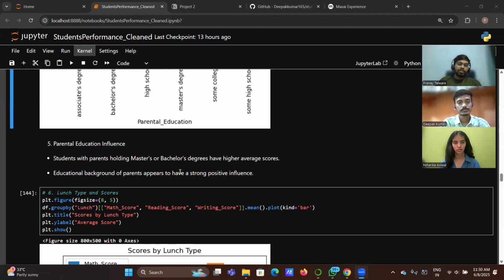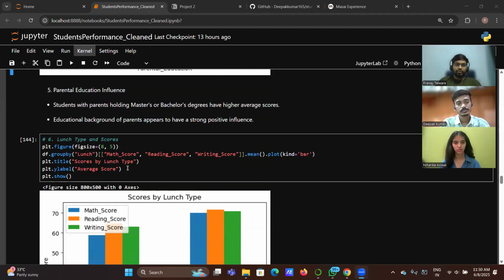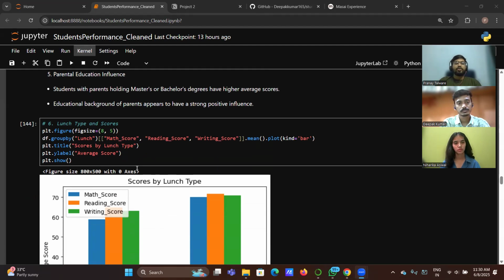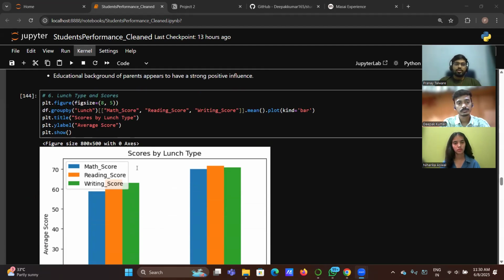And after that, we also went on to visualize whether the lunch type affects the student scores or not. For that we used the same graph, because we have used the same visualization throughout the whole insights, so it will be more easily readable.